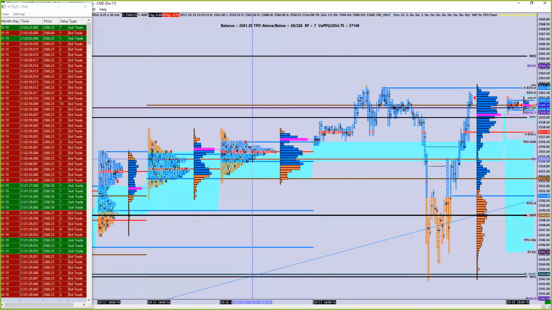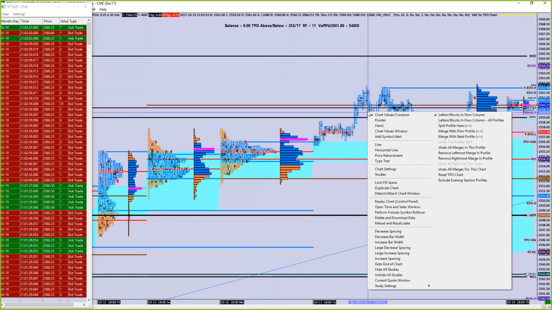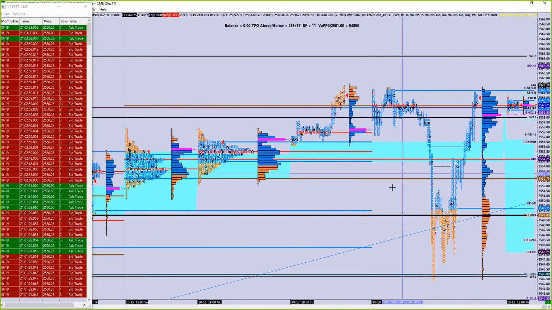Let's see, now this is a 24 hour chart, so this includes yesterday's trade, right? Here's D right here. You see it? Let's see if I can split it there. There. Okay, so this is the beginning of last night's trade. No, I'm wrong.